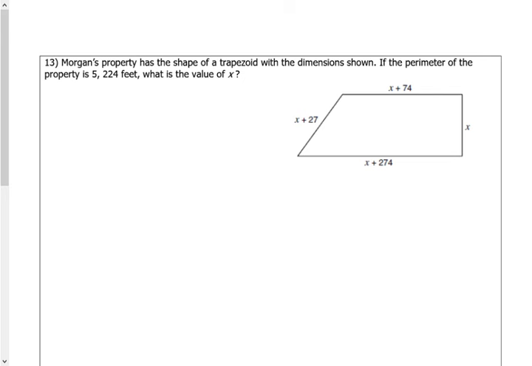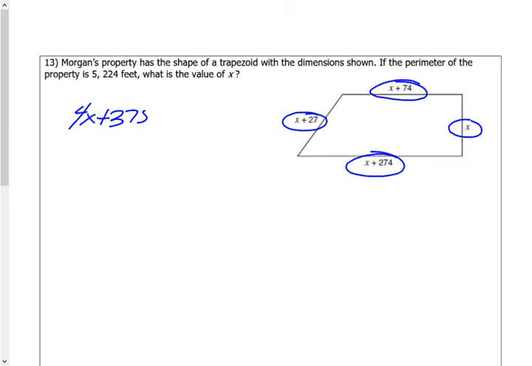Okay, we've seen this several times now at this point. If I want the perimeter, I need to add up all 4 sides. So all 4 sides added up, there are 4 x's, and then the numbers 27 plus 74 plus 274. And that perimeter is that according to the problem.